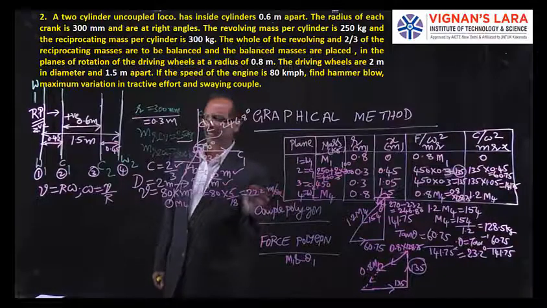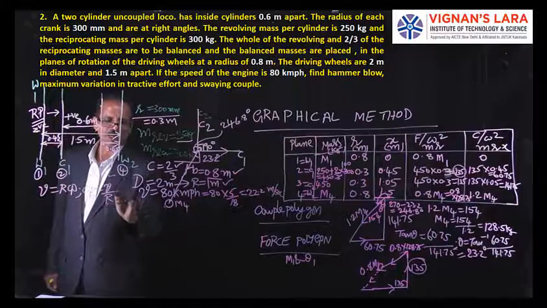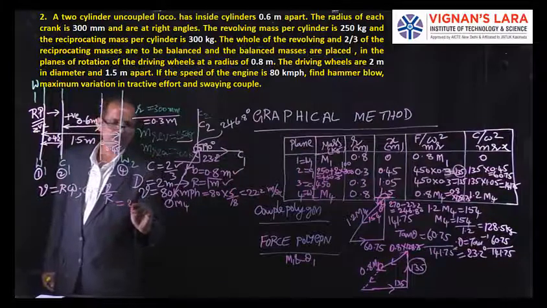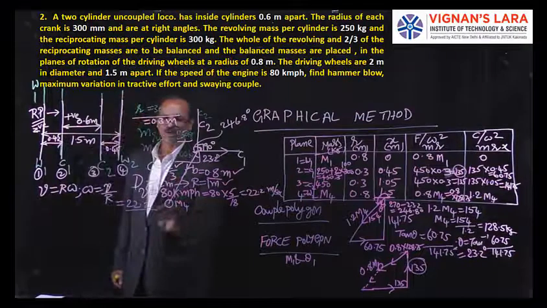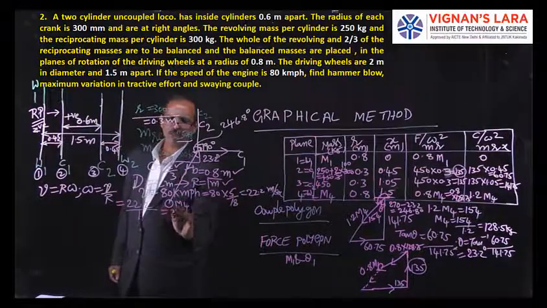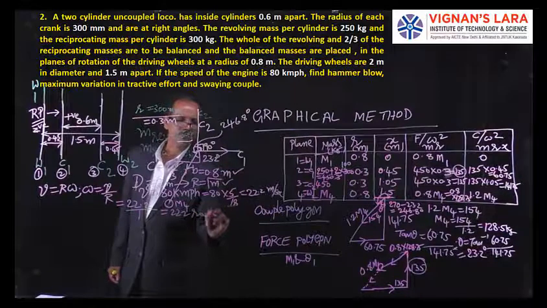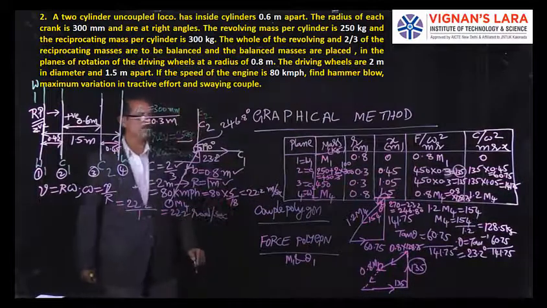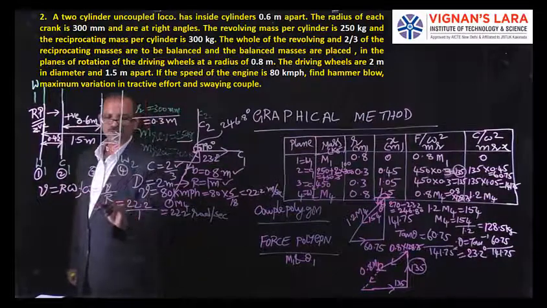It is converted into meters per second. So omega is equal to V by R, that is 22.2 by R, radius of the wheel 1 meter. So this gives 22.2 radians per second. So I got the omega.